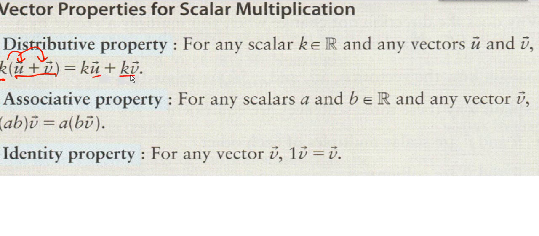So just like working with variables. If I have two scalars a, b, and I'm multiplying both of them times v, then I can multiply them together first. I can multiply one times v and then the other one, so I can associate just like in multiplication. Order doesn't matter. And then of course the identity property, if I have 1 times v, that's just vector v. So all that stuff hopefully makes sense.